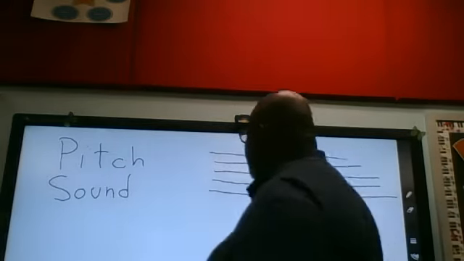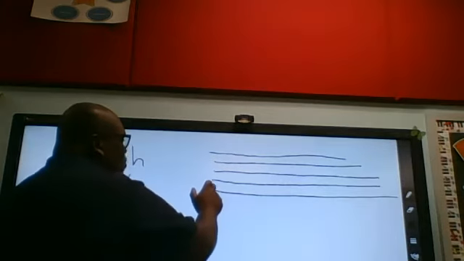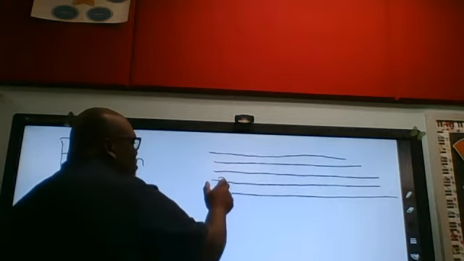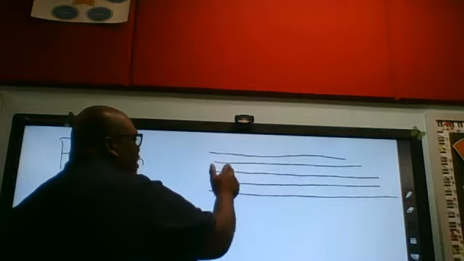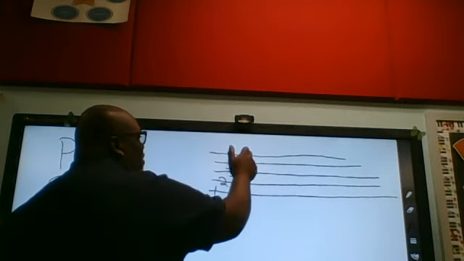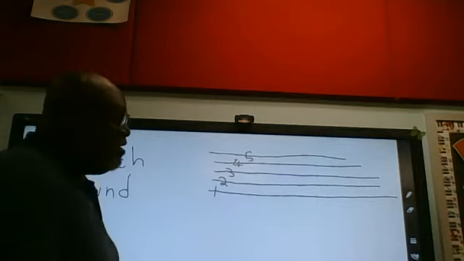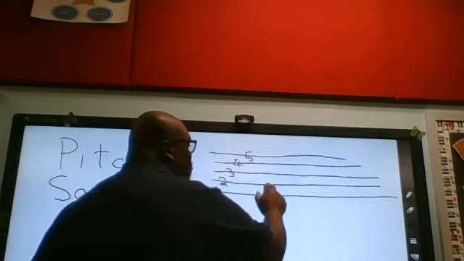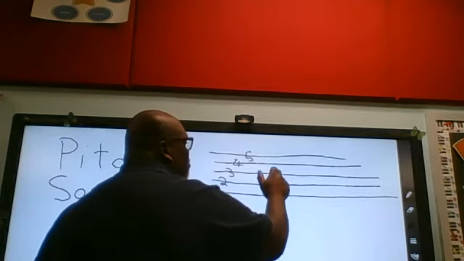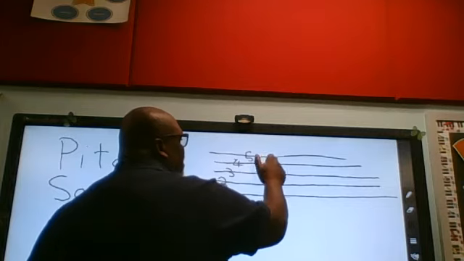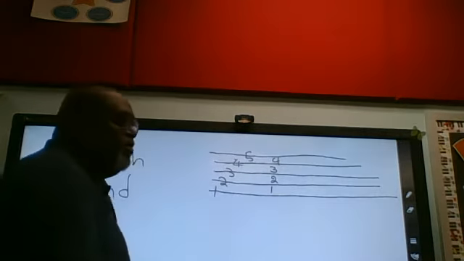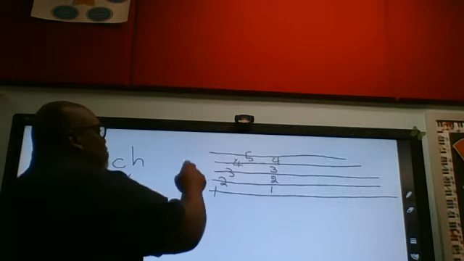Let's number them from the bottom to the top. 1, 2, 3, 4, 5. 5 lines, 4 spaces. 1, 2, 3, 4. That's a staff. How do you spell staff?